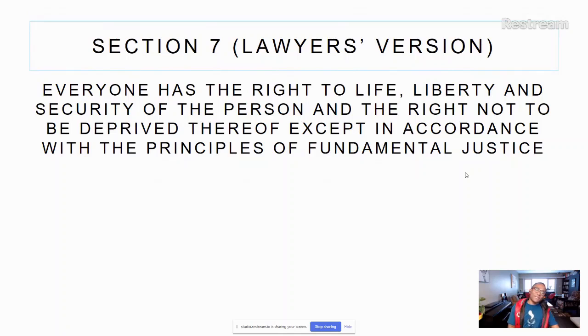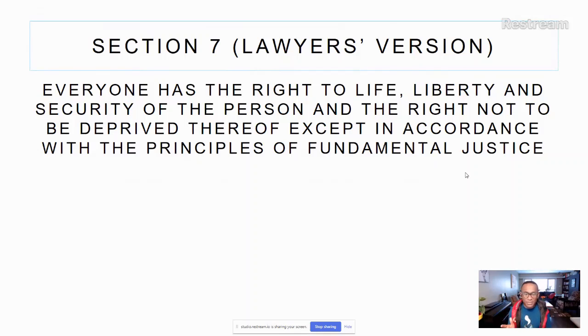Okay, Section 7, which is what we're going to talk about today, because as I said before, Section 7 is the section that most implicates the question of mandatory vaccination. Now, I should note from the outset that there are other sections that will be implicated in a case that is brought against the government for trying to mandate vaccination. One other section to keep in mind is Section 1 of the Charter, but we're not going to talk about that today.